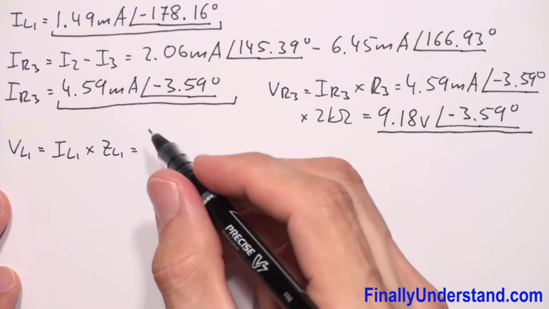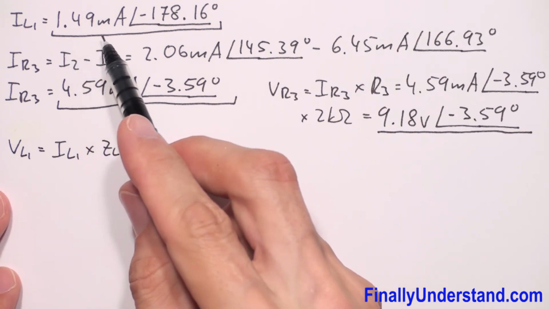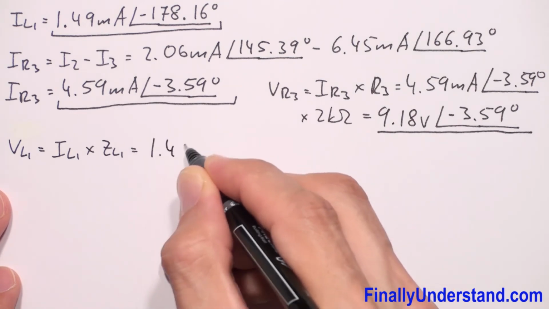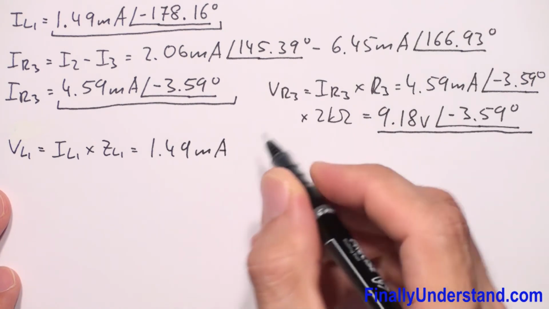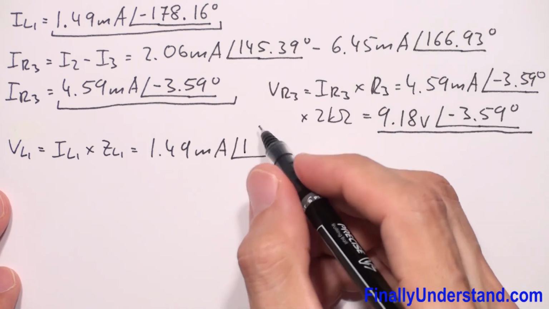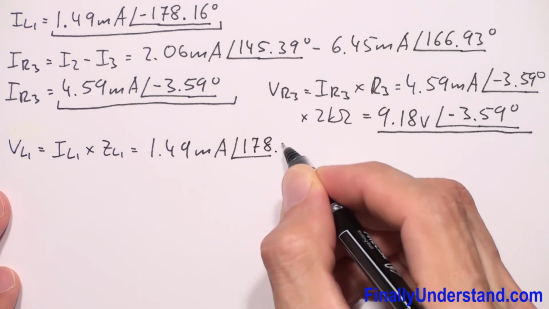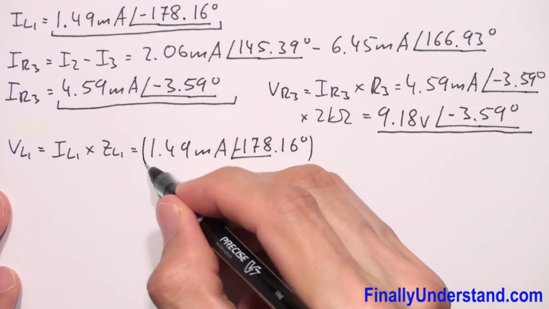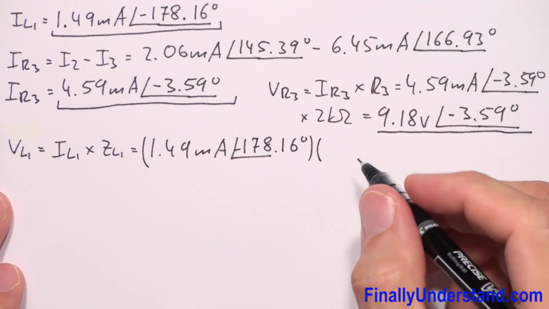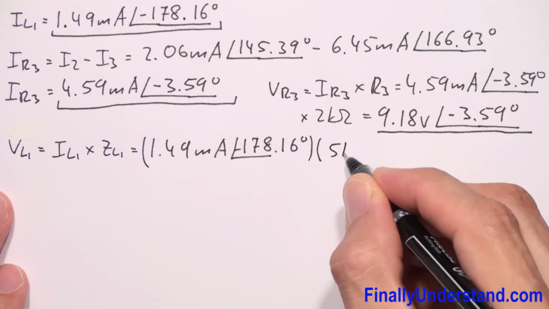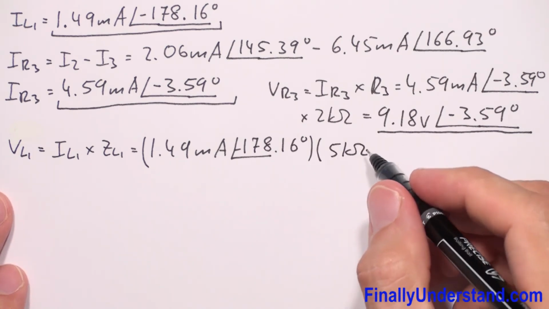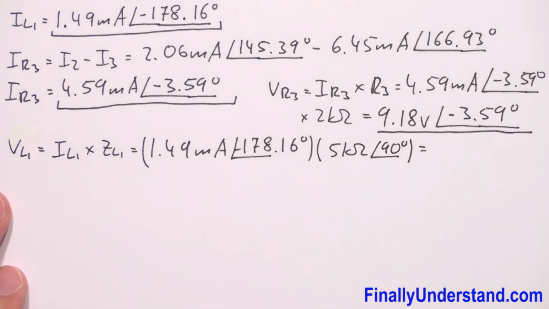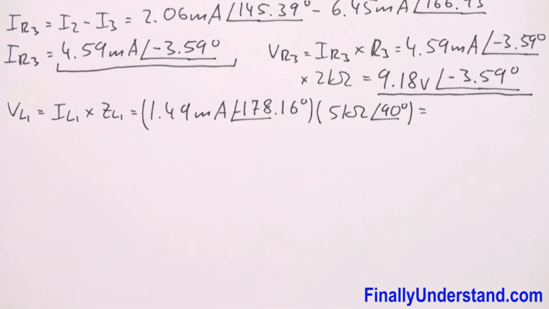where IL1 we found is equal to 1.49 milliamps and angle of negative 178.16 degrees, times ZL1, which is equal to 5 kilohms, we found it, and angle of 90 degrees. Okay, so this is equal, let's use the calculator.